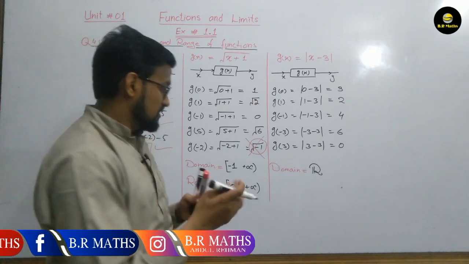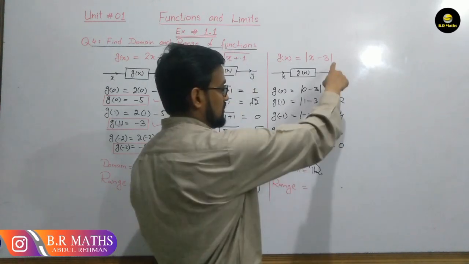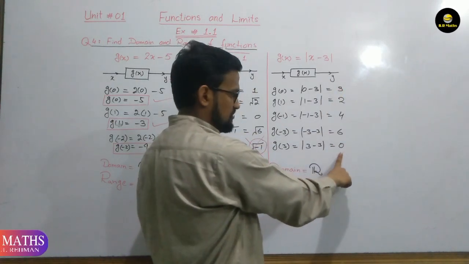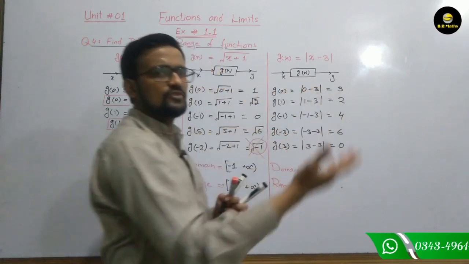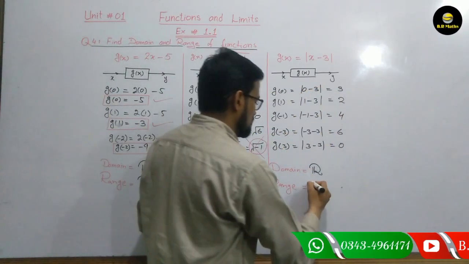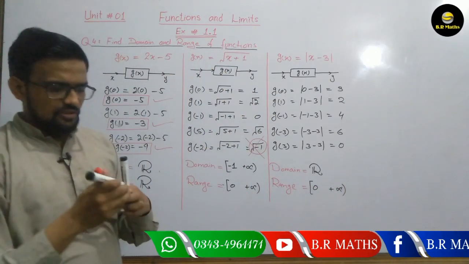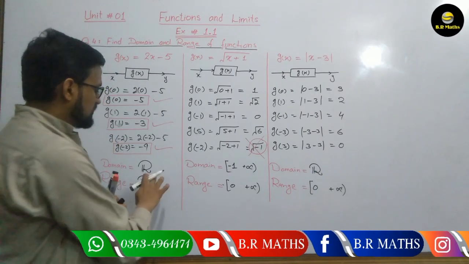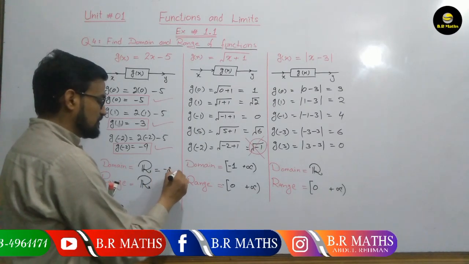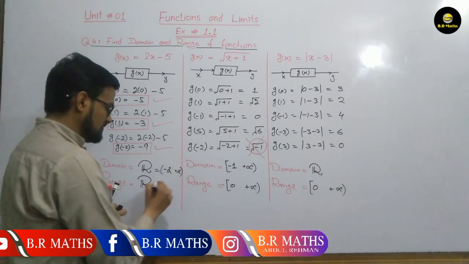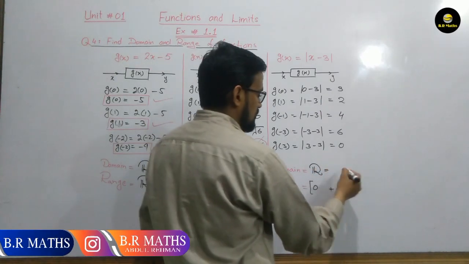But the result is the minimum value 0, and whether you put a positive or negative value, the final result is always positive, so the range is 0 to positive infinity. Students, this R you can also write as all real values, meaning negative infinity to positive infinity.